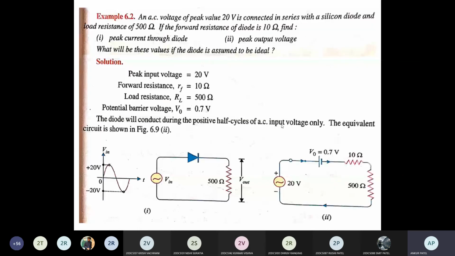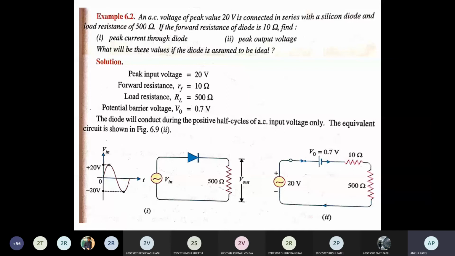Suppose one example is given here. An AC voltage of peak value is given, meaning the maximum value is given. Can anyone tell me, if I have an RMS value of 230 volt, what will be the maximum value? 230 into root 2, so it is 325.26.